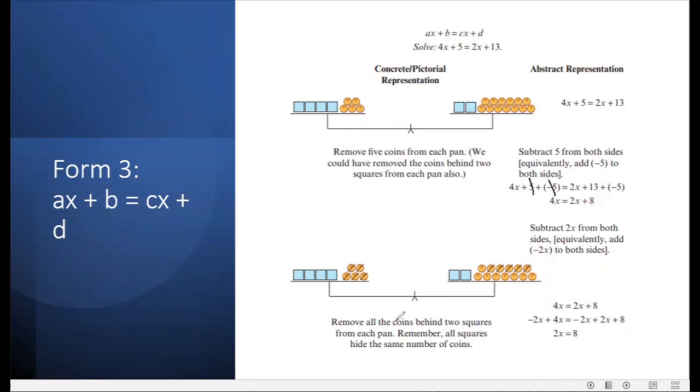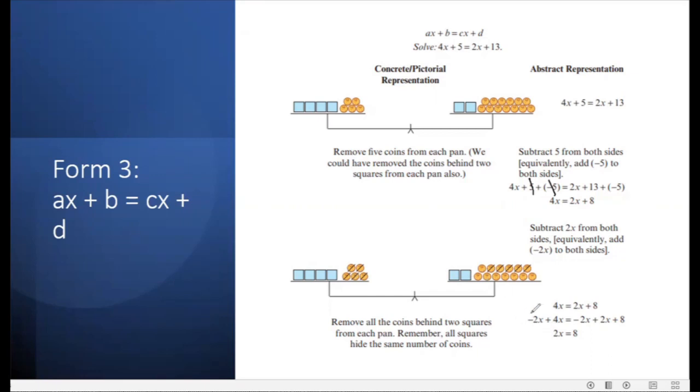Then ang next move natin, remove all the coins behind two squares from each pan. Remember, all squares hide the same number of coins. So, yung ating 2x, dun sa left, bawasan natin ng 2 square pans. Ganon din dun sa right.